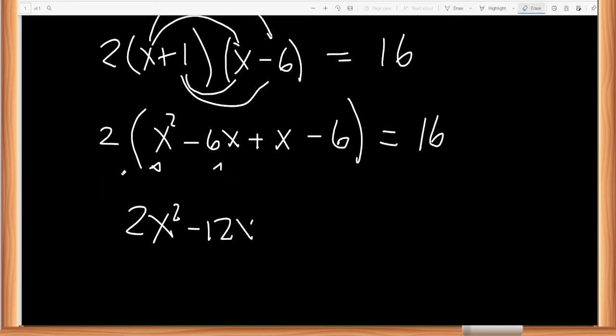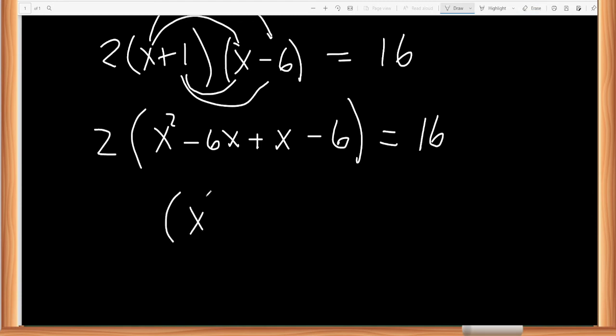Pagsamahin mo pala muna yung like terms. So, we have, lagay natin yung 2, x squared minus x plus x is minus 5x minus 6 equal to 16.